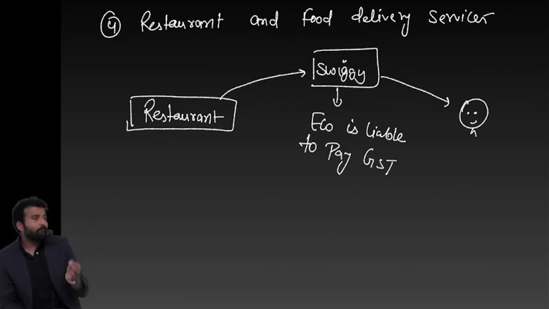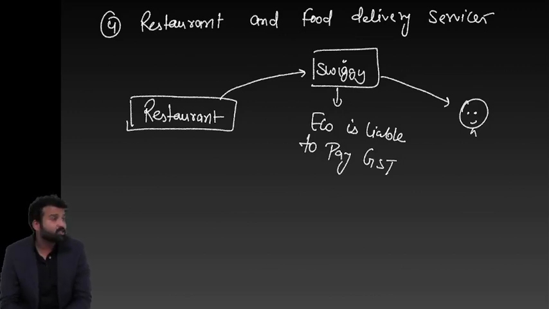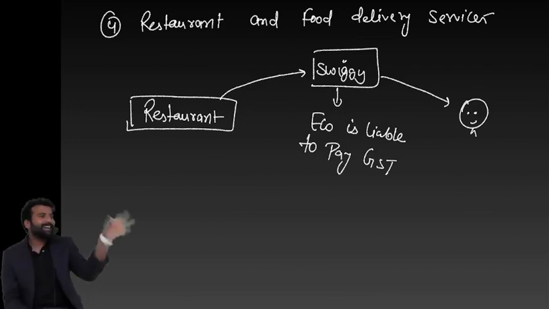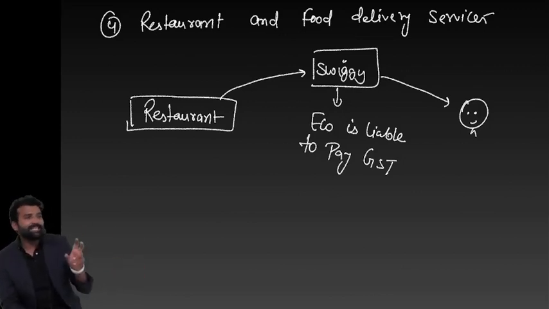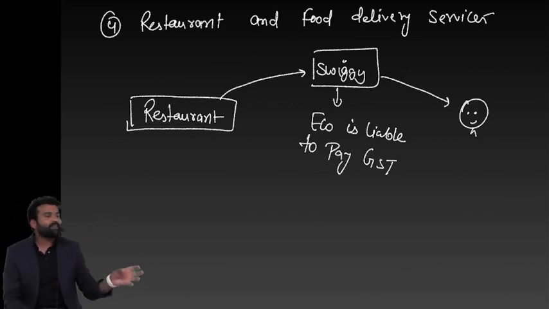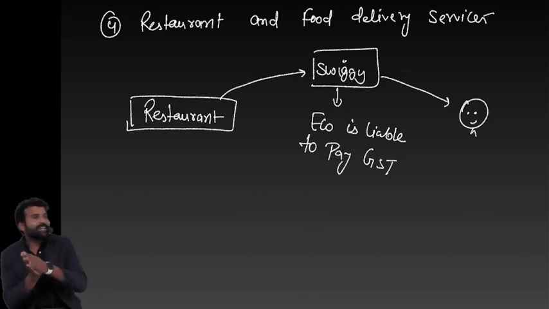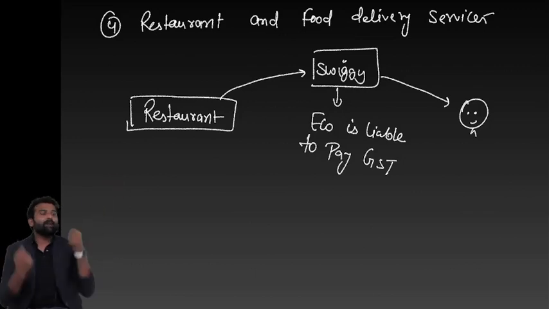The restaurant is giving services to Swiggy and Swiggy is giving services to the customer. So the customer is paying to Swiggy and Swiggy is paying to the restaurant. So as a receiver, Swiggy is paying the tax here. The complete tax liability is on Swiggy, because we are looking at a single transaction, but actually there are two transactions. Between the restaurant and Swiggy, Swiggy is the receiver, and that's why Swiggy is liable to pay GST.